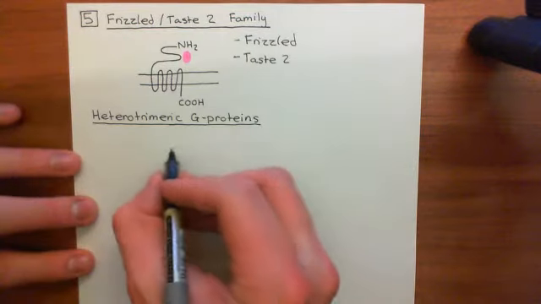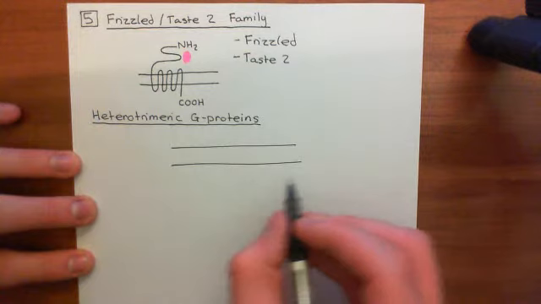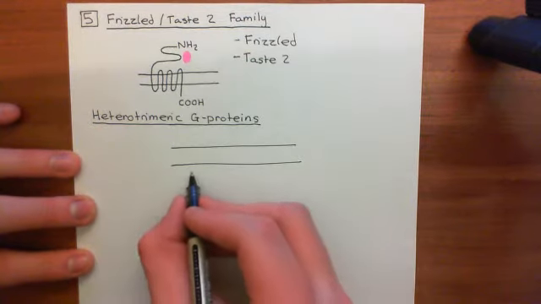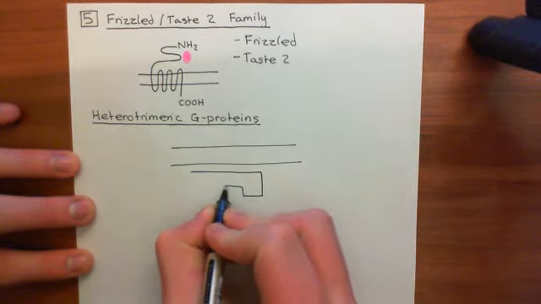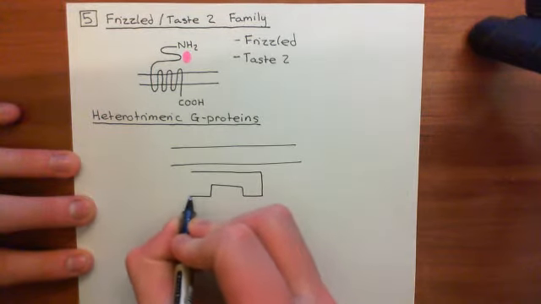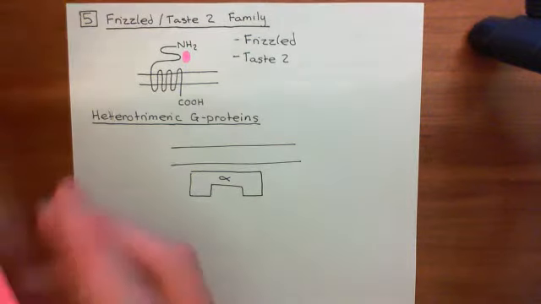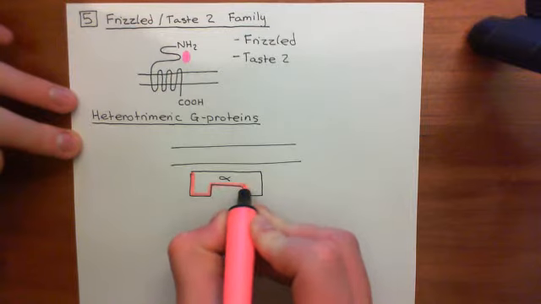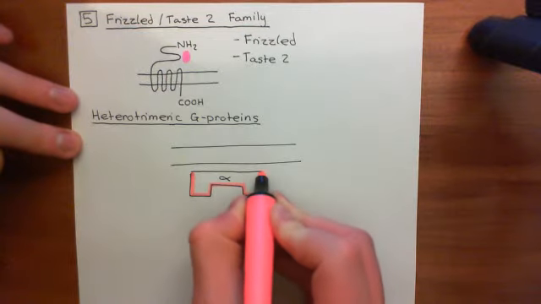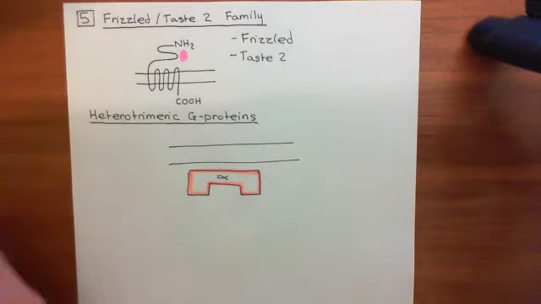So we're going to start off by discussing the most important subunit of heterotrimeric G proteins, which is the alpha subunit. I'll draw the alpha subunit here, and we'll colour it in red. Now, alpha subunits are special because they can be in 2 states.